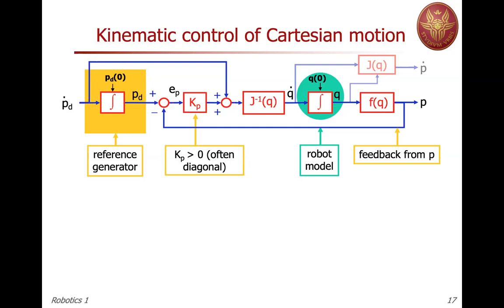So you don't know if this is a 2R robot or whatever it is, and what the configuration is. You just see P, and you're feeding back P and comparing with the desired P.